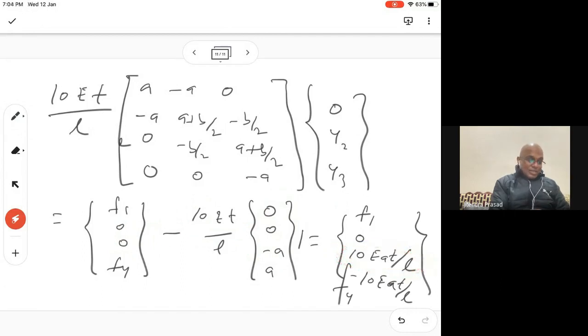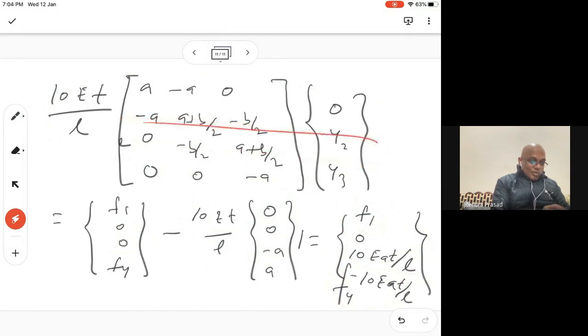Basically, that really means this. So now you want to solve this system, right? Now this is equal to this. The first equation has F1 and the last equation has F4, so you want to solve only the remaining two equations.